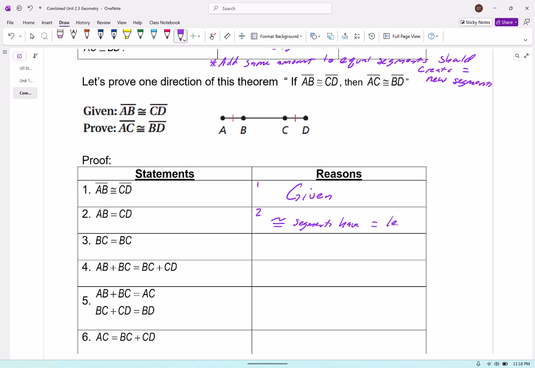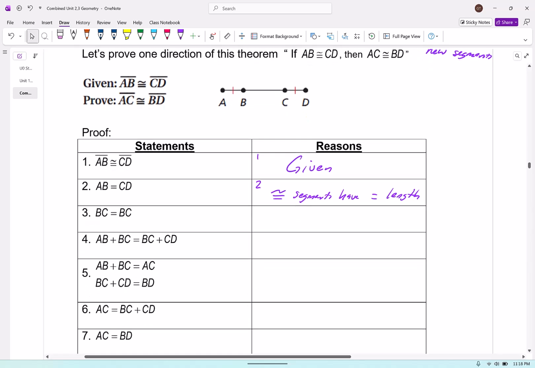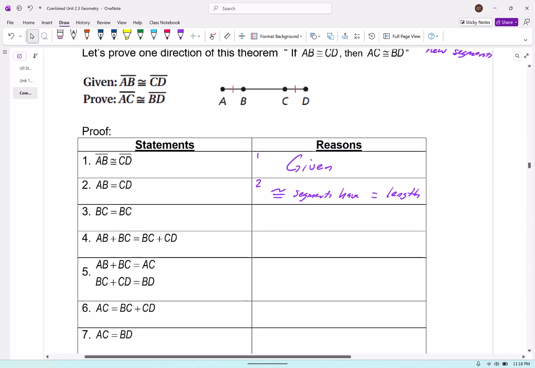have equal length. Sometimes I get a theorem, a postulate, a property, sometimes a quick and brief statement is also given to describe the reason. All right, BC equals BC. Well, it's the same thing, and so we saw in our big long list of properties that this is the reflexive property.